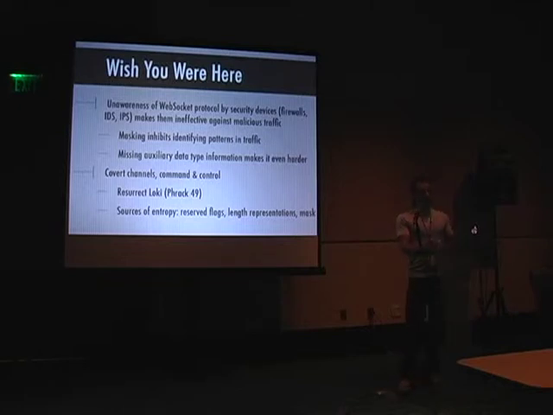So masking is one problem. Also, there are a few things like missing auxiliary data, like data types; content type is not there. A few checks in a few firewalls are based on those fields, those headers. Those headers don't exist here. It's not your standard HTTP traffic.